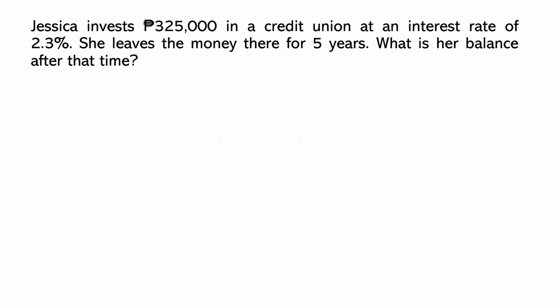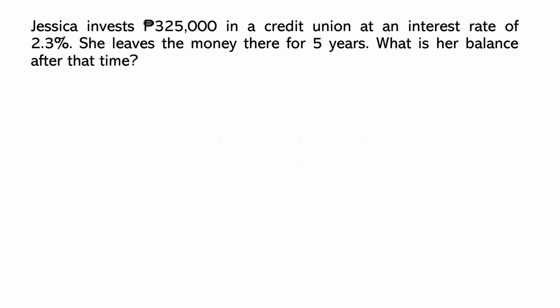Now another example, we have Jessica invests 325,000 pesos in a credit union at an interest rate of 2.3%. She leaves the money there for 5 years. What is her balance after that time? So this problem is actually asking for the balance after 5 years.